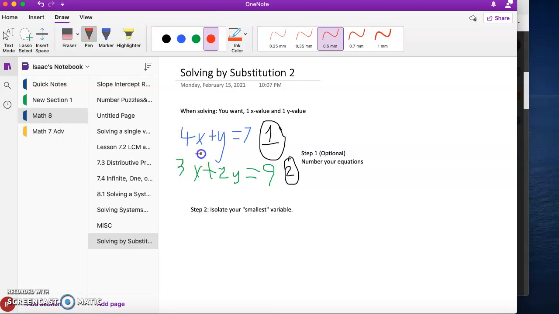So now I can subtract 4x from both sides of it, and then I can rewrite it as y equals negative 4x plus 7. Now, step 3.